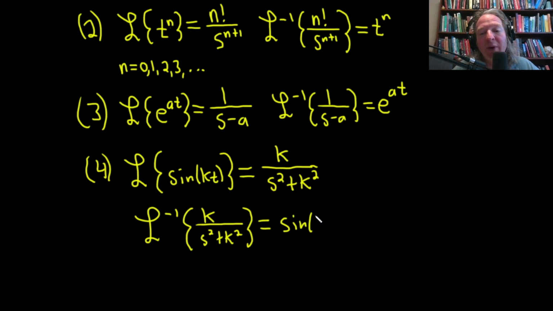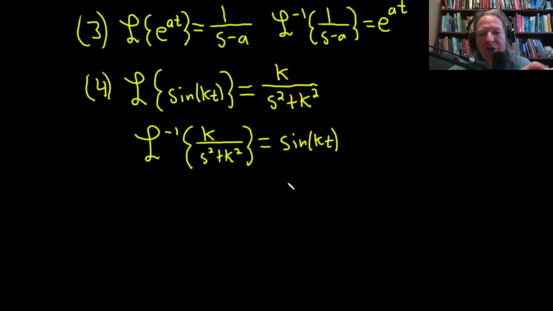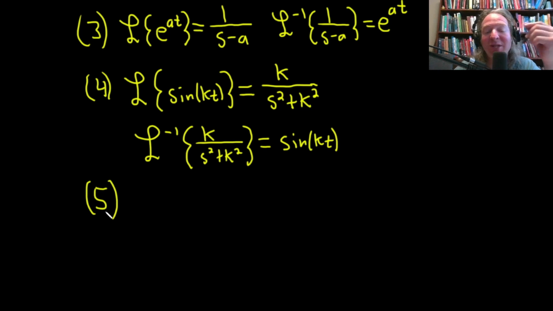These are very useful, by the way. The reason you need these, I probably should have mentioned this, is later on we'll have a differential equation, and we'll take the Laplace transform of the entire equation on both sides. We'll solve for the Laplace of the function, and then we'll find the inverse Laplace to undo that to retrieve the solution to the differential equation. That didn't make sense. It's okay. It probably wouldn't, but that's what we're going to do. We're basically going to use these to solve initial value problems.